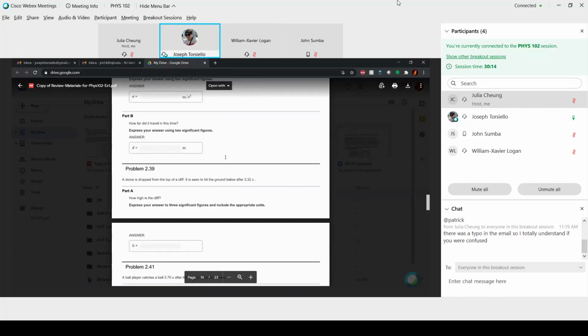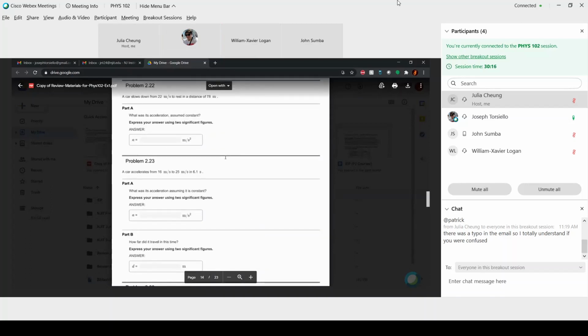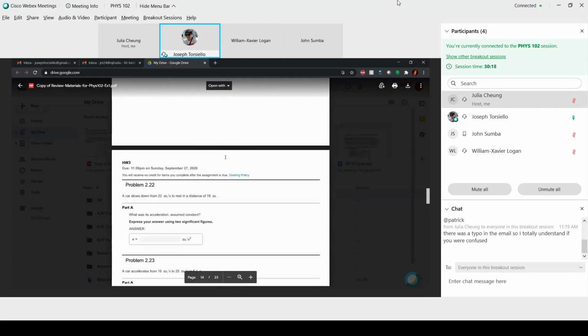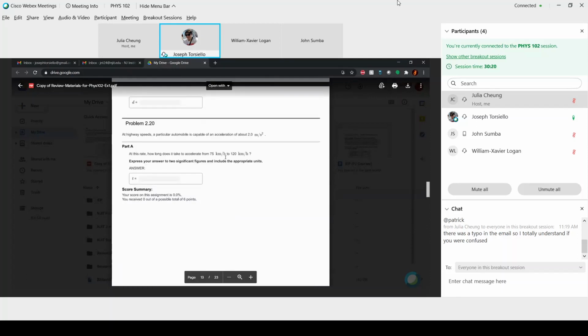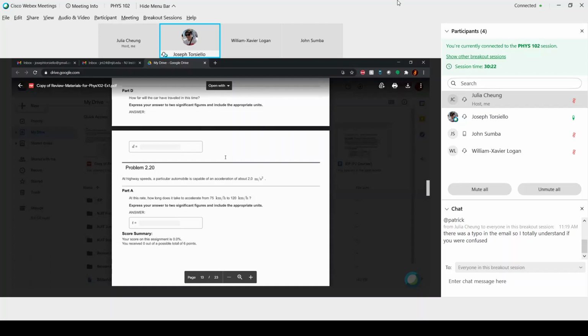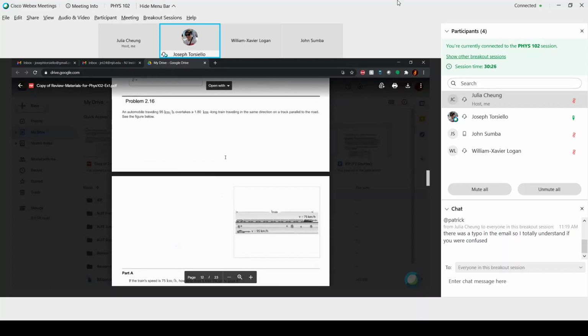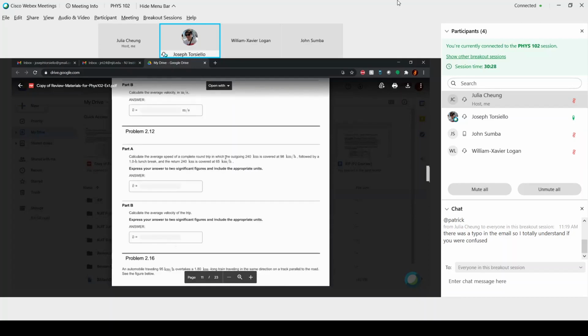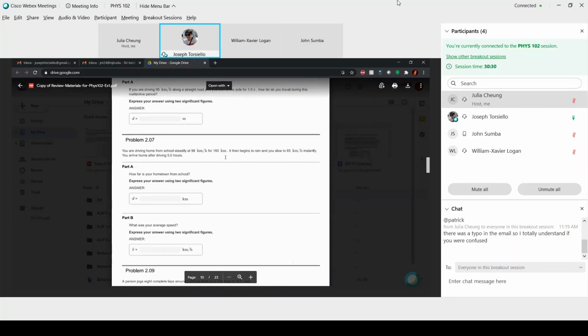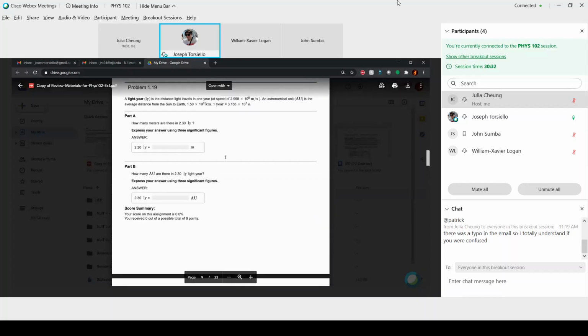Would you guys maybe want to talk about, I don't know, how to find average speed, or maybe want to talk about working with different units? Yeah, from this sheet, there's just a couple.